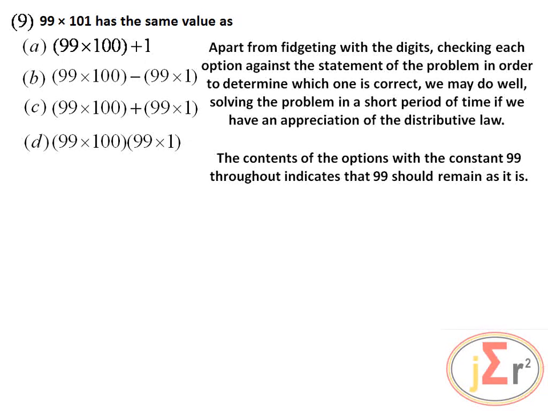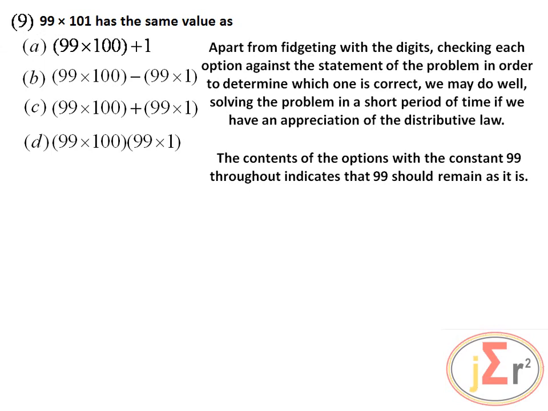The contents of the options with the constant 99 throughout indicates that 99 should remain as it is. So notice that we have 99, 99, 99, 99, 99, 99, 99. Therefore, this 99 that we have here, we should not trouble.